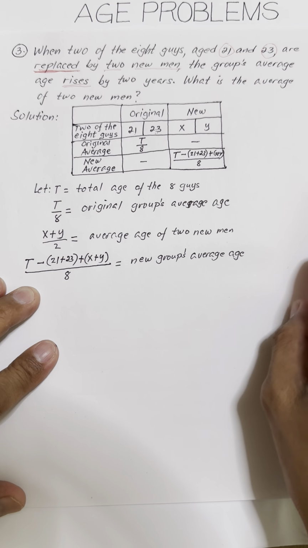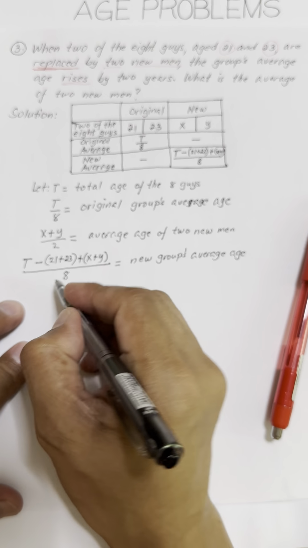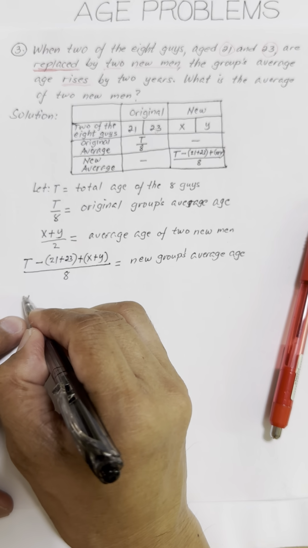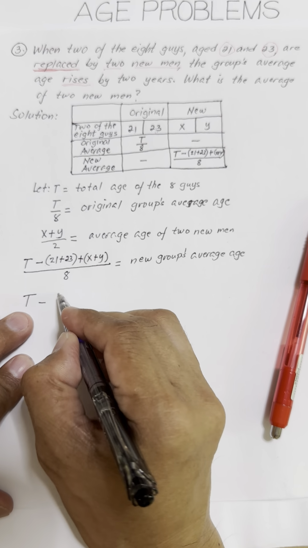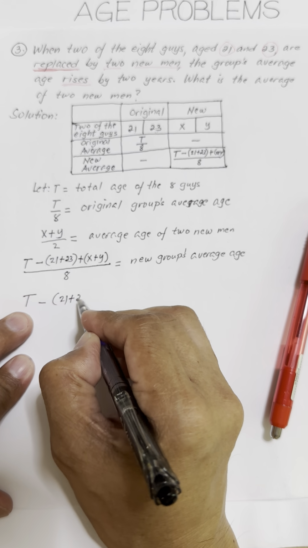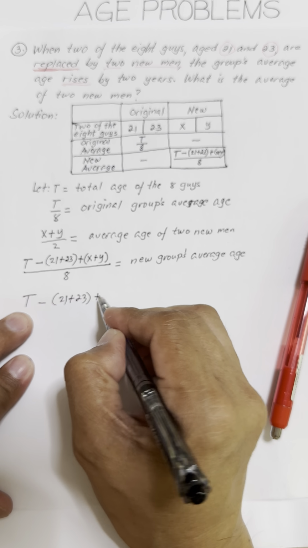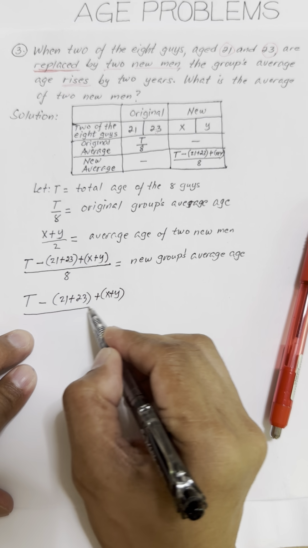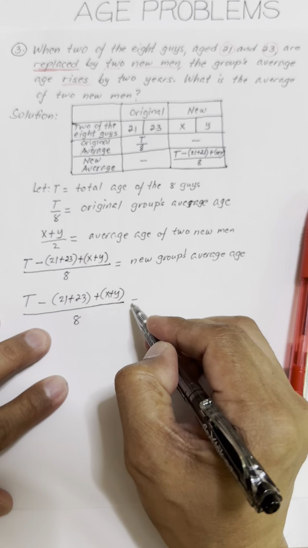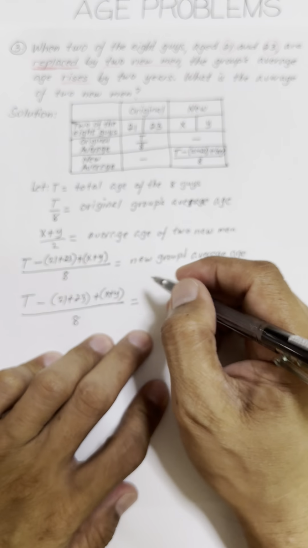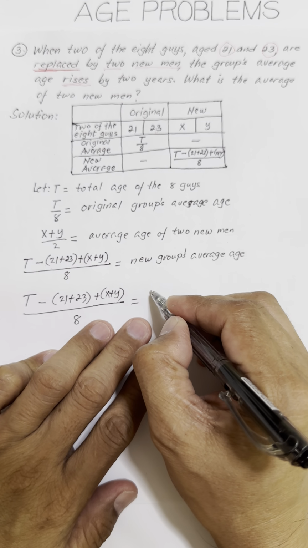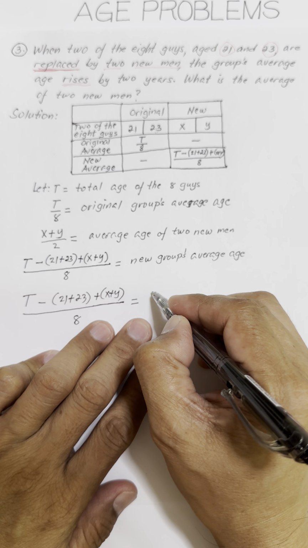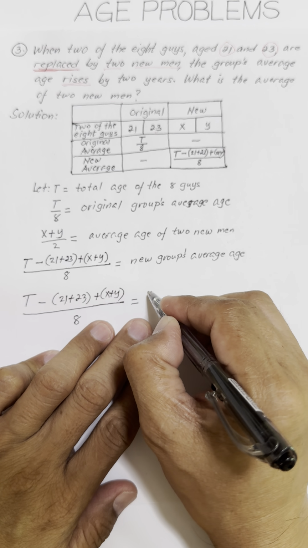So what does it mean? The equation that we can form from this statement is: t minus 21 plus 23, then plus the sum of x plus y's ages, divided by 8, equal to the original group's average age, which was only t over 8.